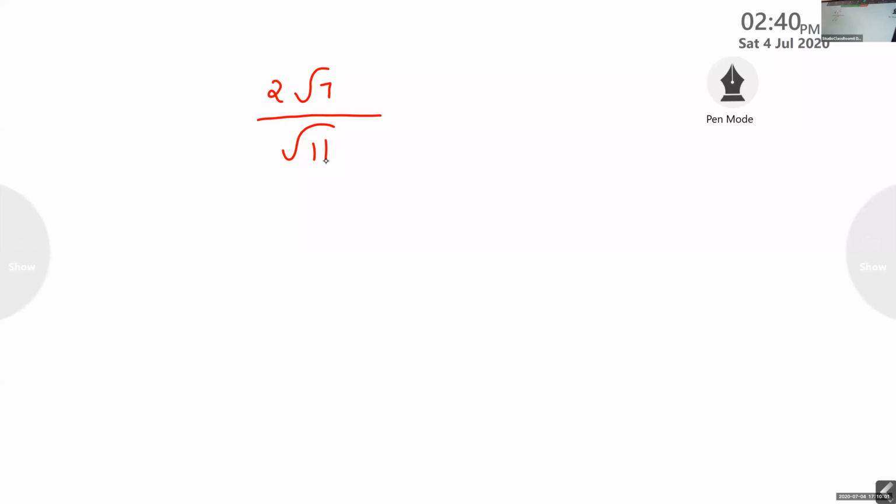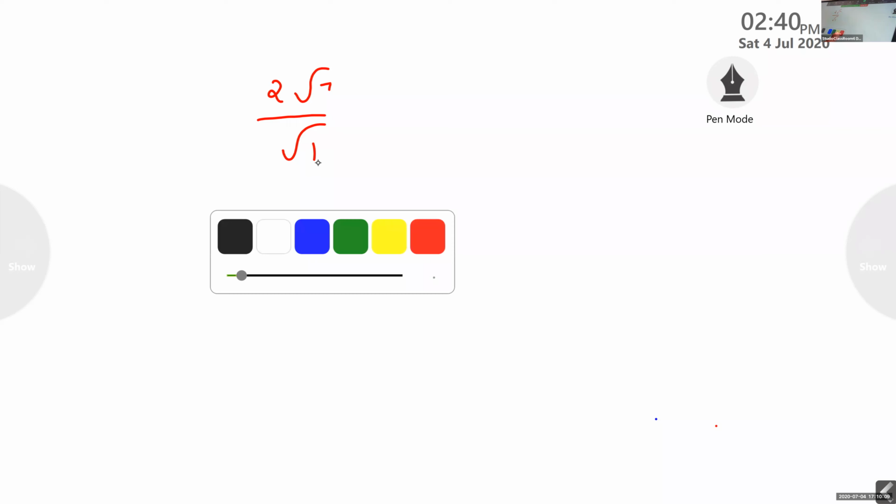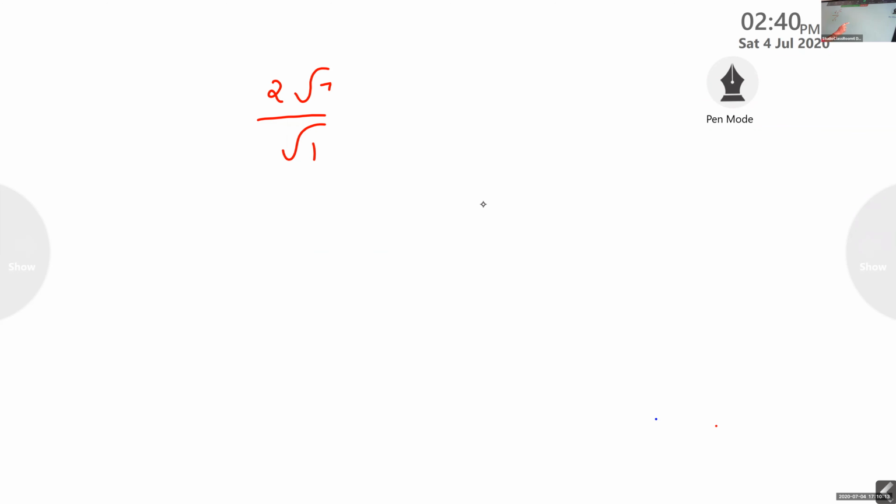Okay, so with the root 11, when you multiply, you will get root 11 in the denominator. 2 into root 7 by root 11, and you are rationalizing the denominator.